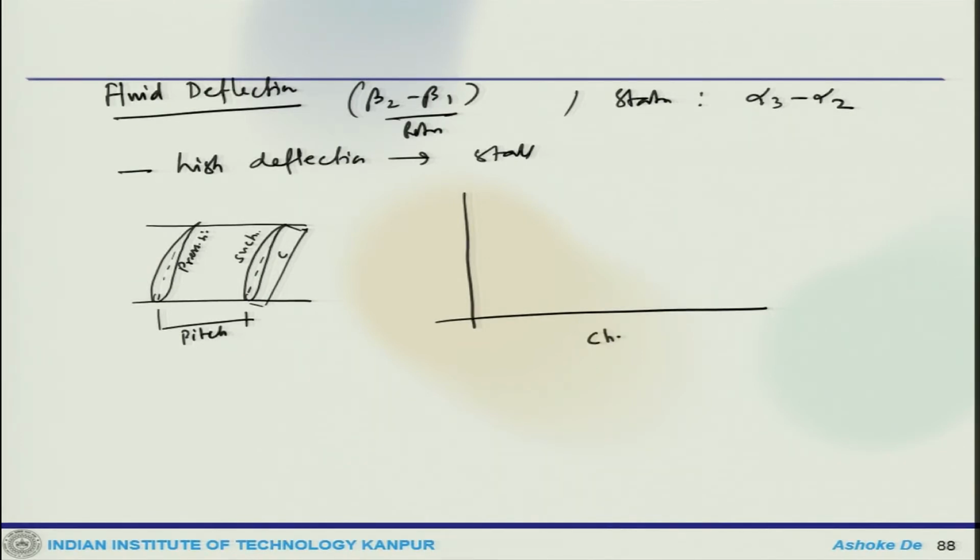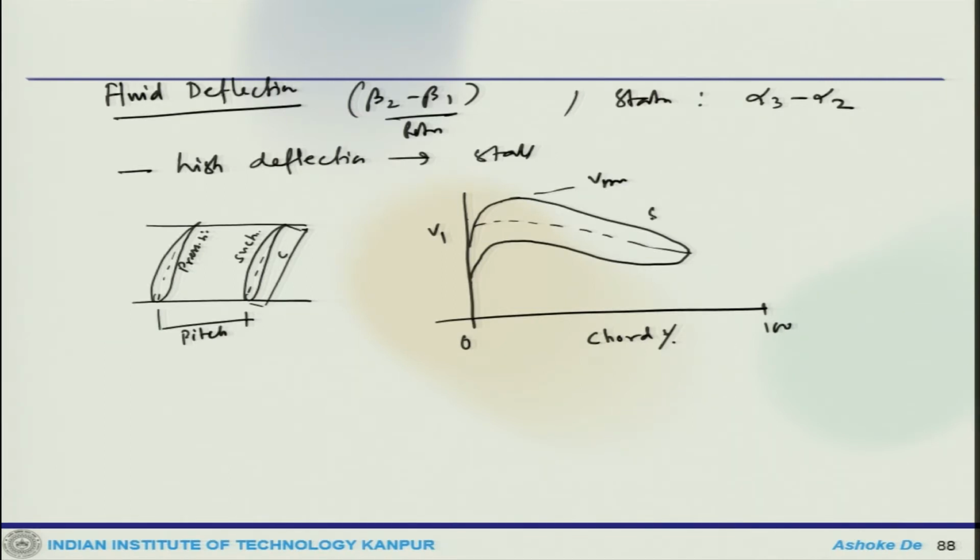This is chord percentage, so this is 100%, 0. That is V max, this is the suction surface, this is V2, this is the mean velocity in the passage, and this is the pressure surface.